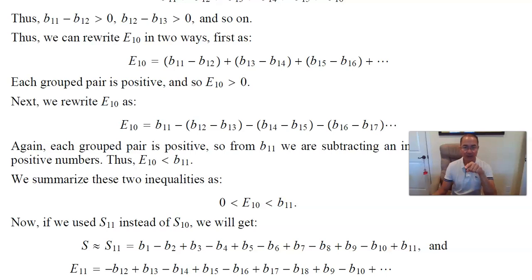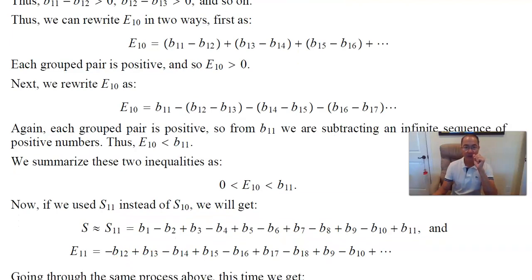Okay, now what if we did S11 instead? So we do the same thing, but add one more term, B11, and if we subtract all of this from S, the first surviving term will now be B12, but it's subtracted, so there's a minus in front of the B12. Plus B13 minus B14, and so on.